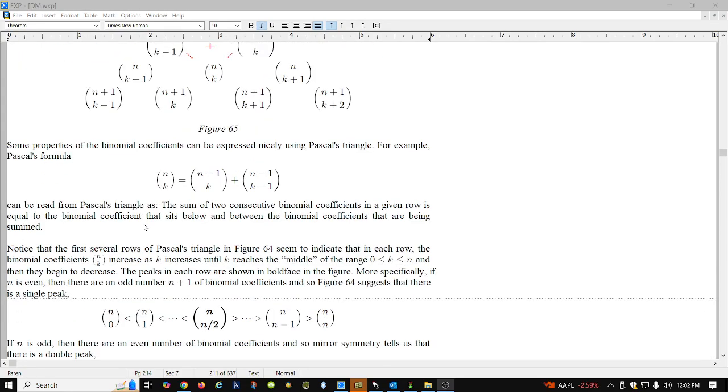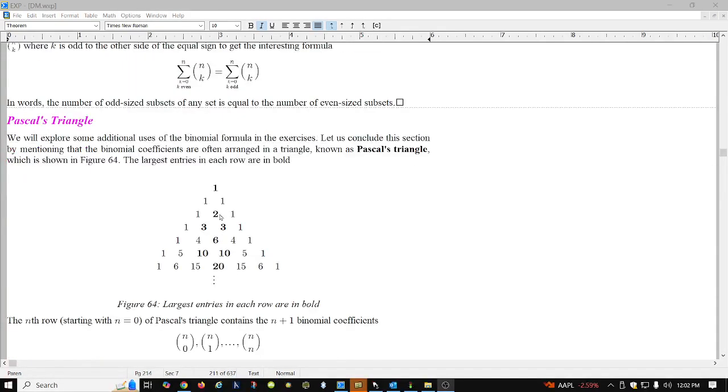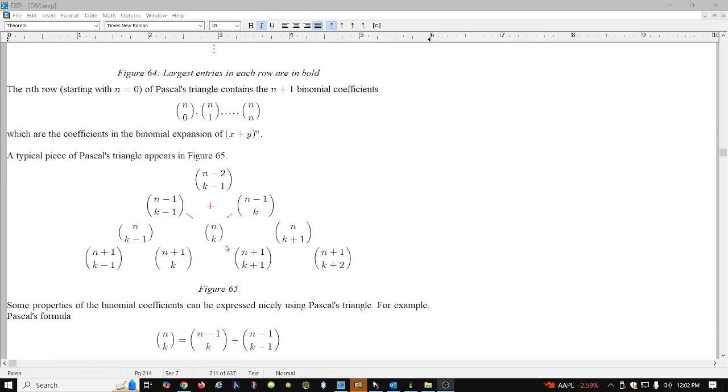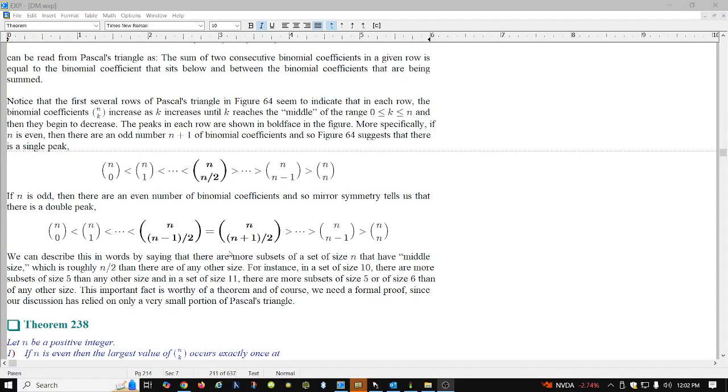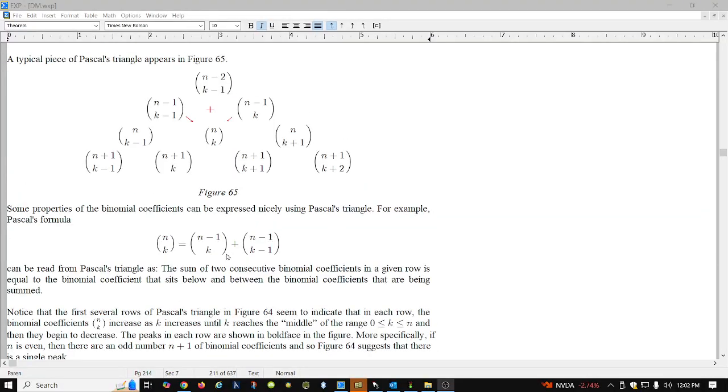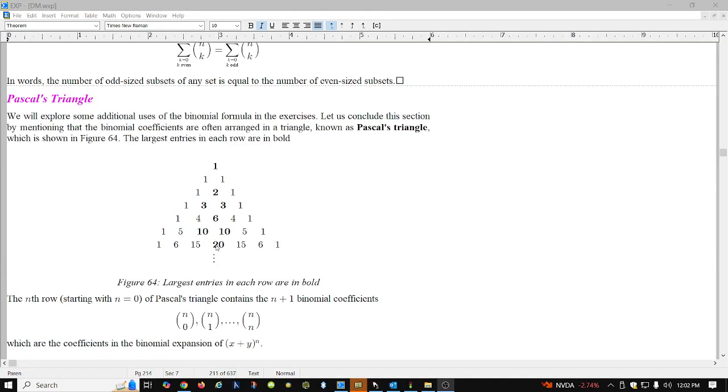Now, if you look at the first few rows here in this triangle, what you will notice, let's go back again, scan this third row here, or second row, is that the binomial coefficients increase till they hit the middle, then they decrease.